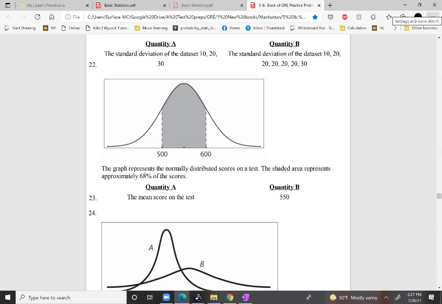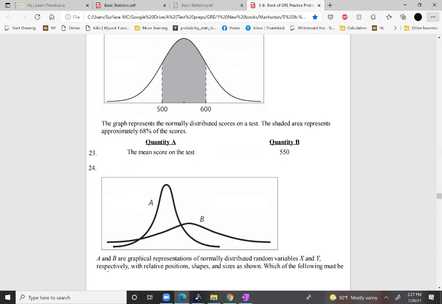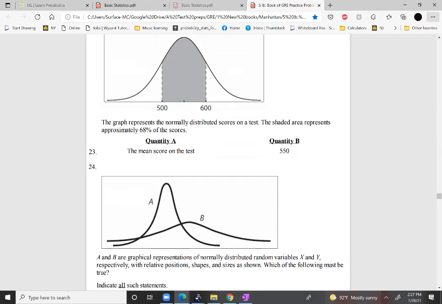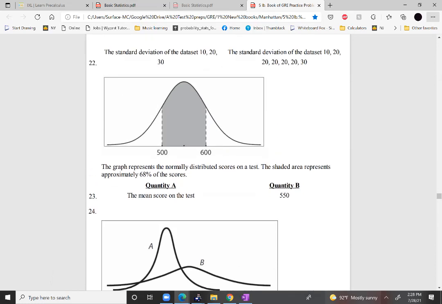Yeah, it has to be bigger. Okay, cool. Okay, all right. Yeah, 23.